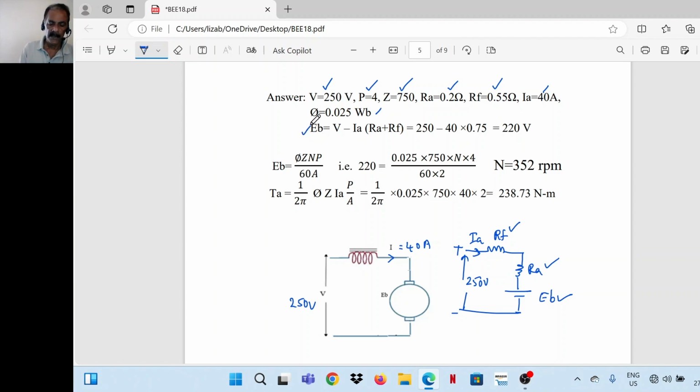So back EMF is equal to 250 minus IA, 40 ampere, into RA plus RF. Both the resistances are to be considered. RA is 0.2, RF 0.55, so total is 0.75. That is 220 volts.